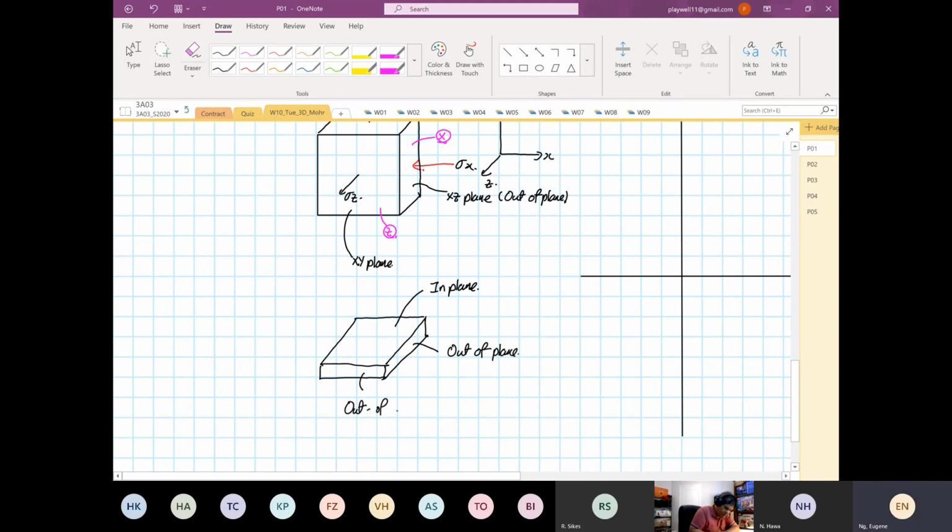It has nothing to do with the loading condition. It's which surface area is the biggest; that's called your in plane.